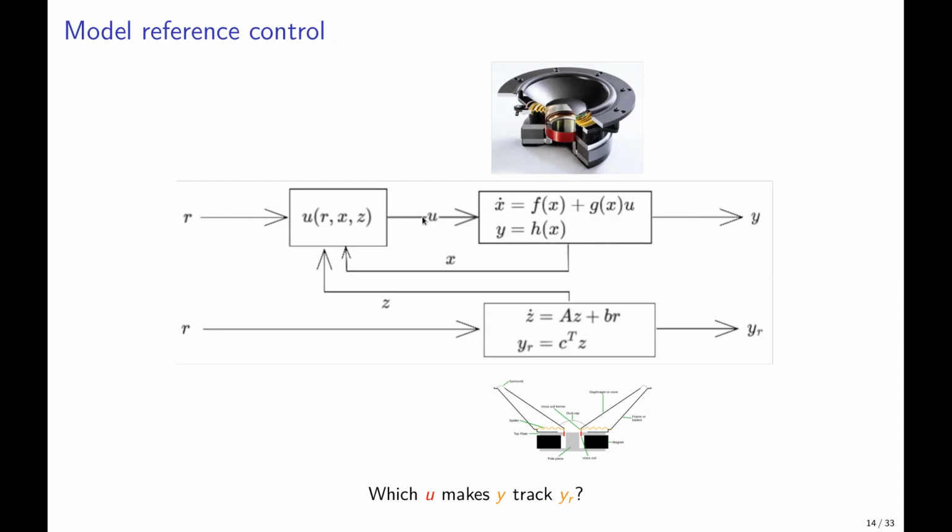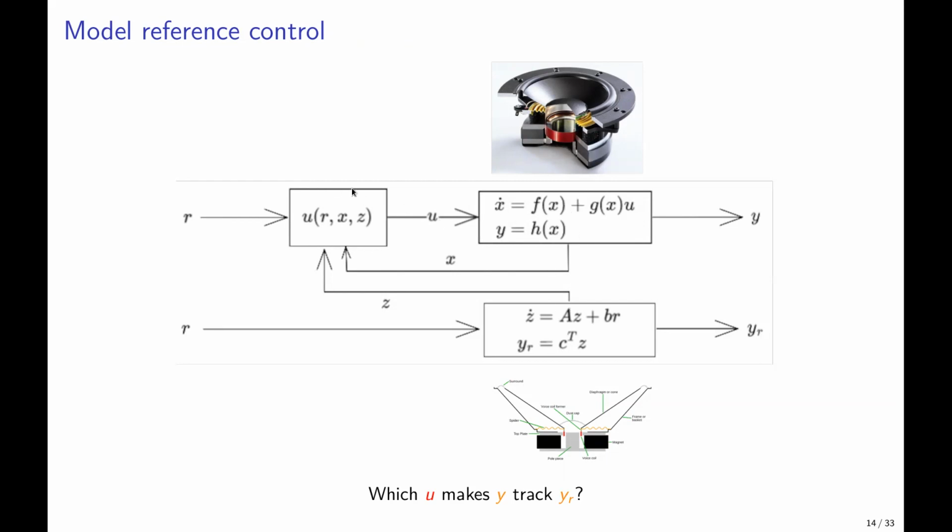The question is now, what input U can we put into this loudspeaker such that the output Y of our physical speaker is the same as the output of a linear, ideal speaker, a speaker that doesn't have any distortion, played with some music signal, for example, R. So we want to find some function U that is dependent on our desired input signal, but it turns out it's also dependent on the states of our two systems here.